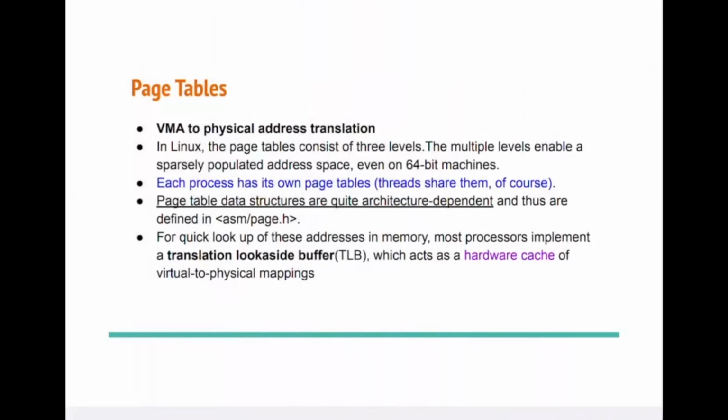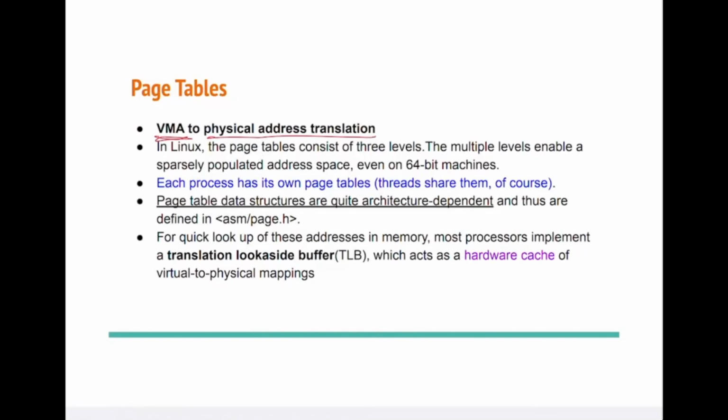So we have the virtual memory area of a particular process. If the CPU wants to access a particular area of that process for operations like read or write, at that time we have to translate that VM area to the physical address space in the main memory. We do this in Linux based on page tables.